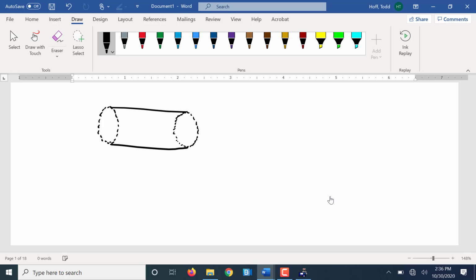We're going to look at a tank. Kind of like an LP tank. We're going to say that's 8 feet there and 12 feet there. So this is a little bit larger than your standard LP tank.